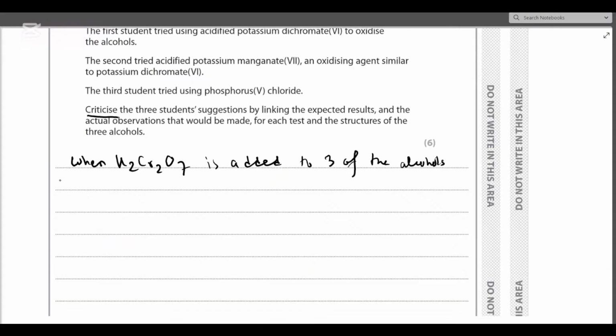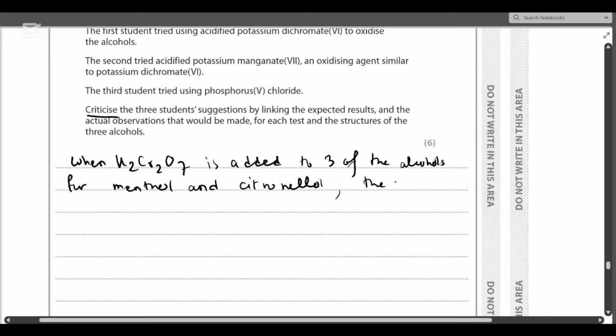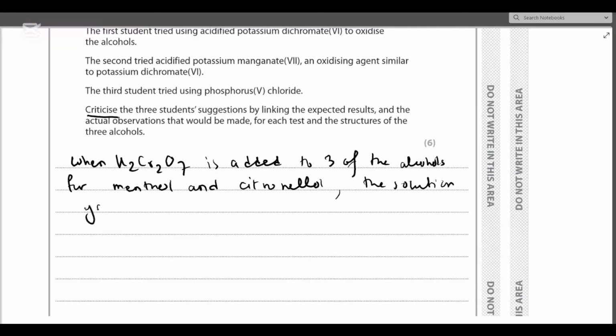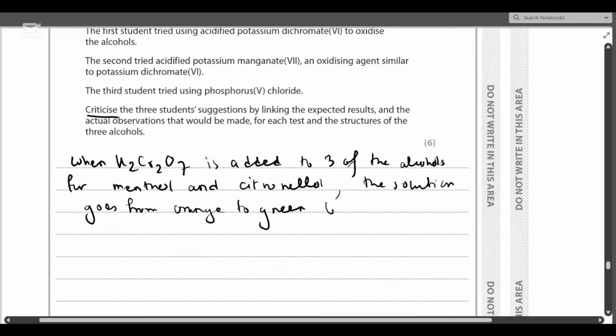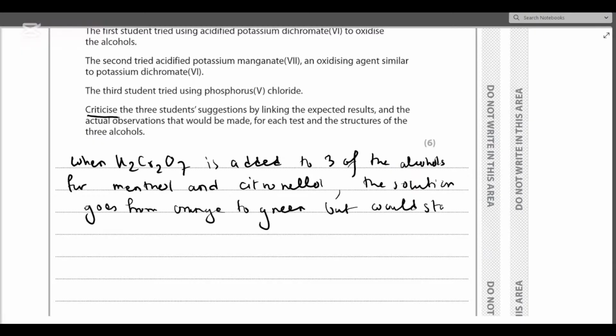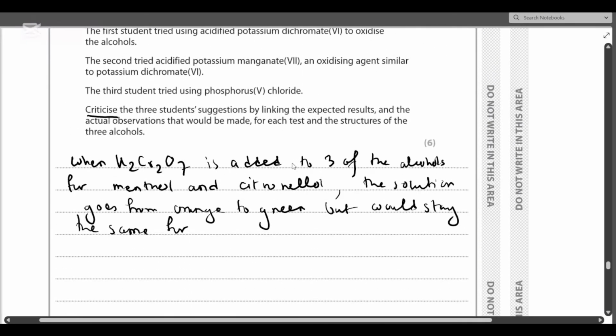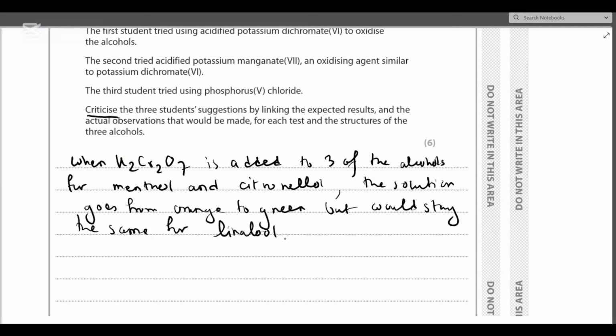So we can write that for menthol and citronellol, the solution goes from orange to green, but would stay the same for the other alcohol, which is linalool.